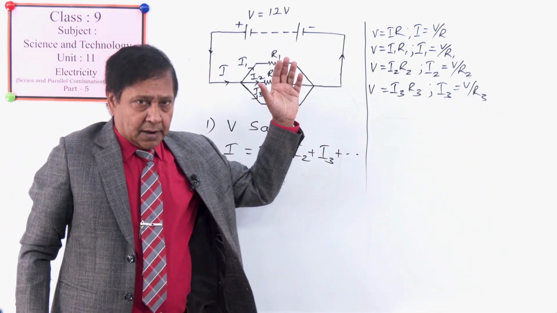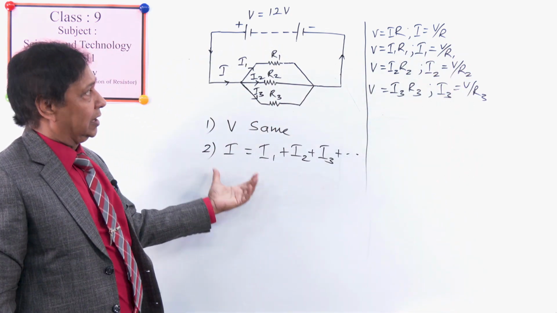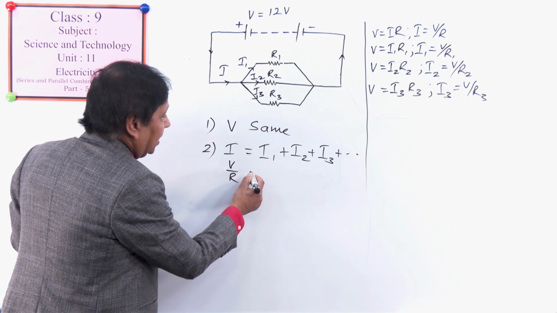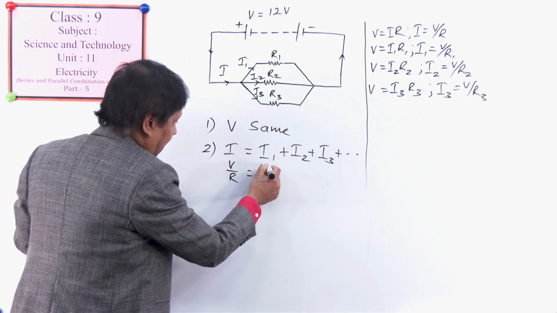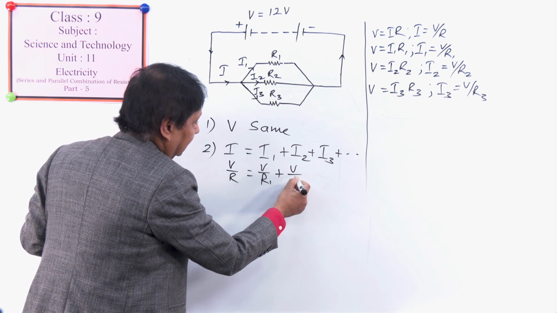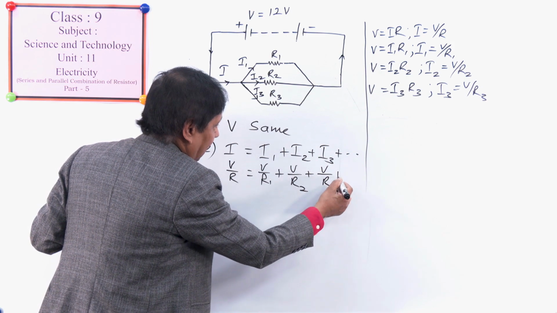Now I want to substitute this value in this equation. In place of I can write V by R. In place of I1, I can write V by R1, and here V by R2, here V by R3, and so on.